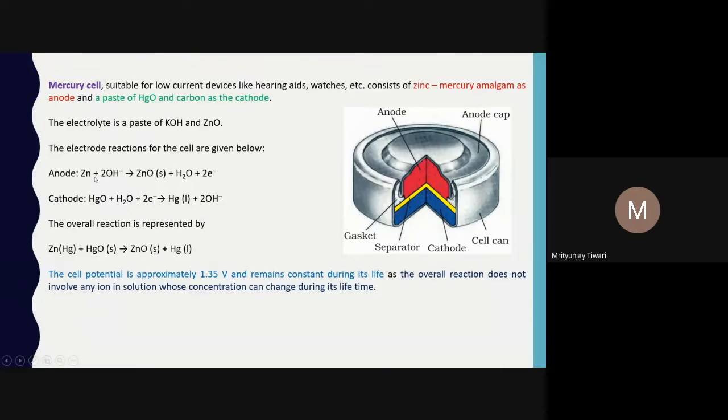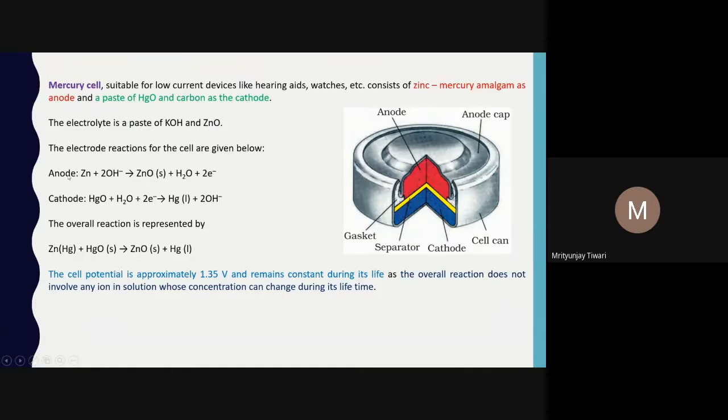So zinc plus 2OH minus gives ZnO plus H2O. This reaction is balanced charge-wise and atom-wise as well: one zinc here, two oxygen atoms on both sides, and two hydrogen here. This is the reaction that takes place at the anode.